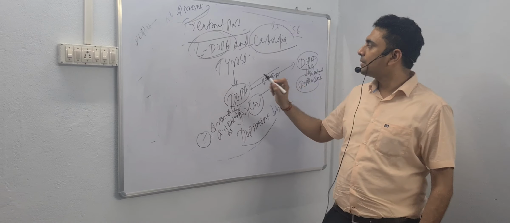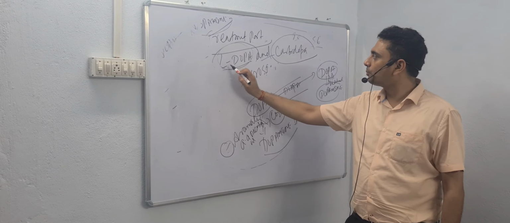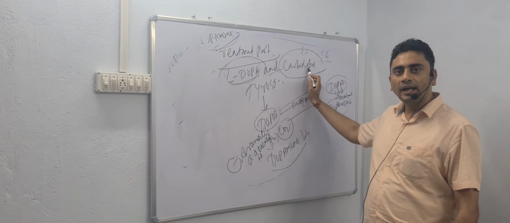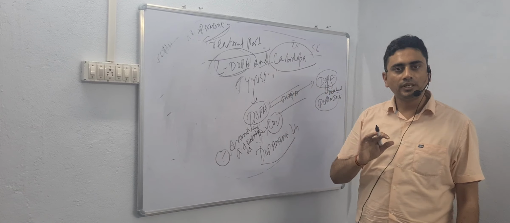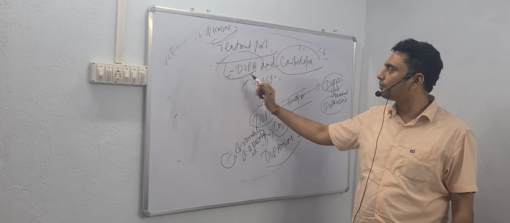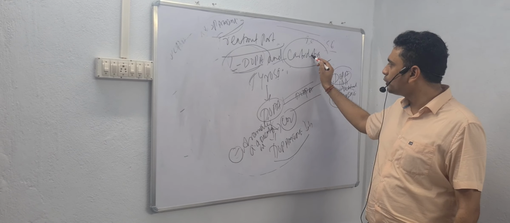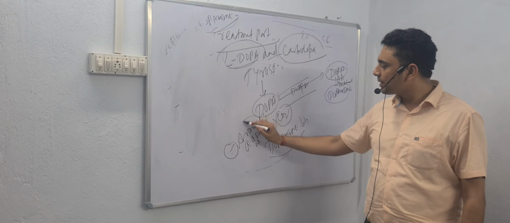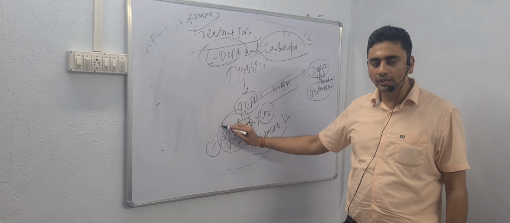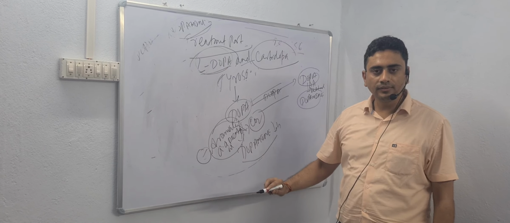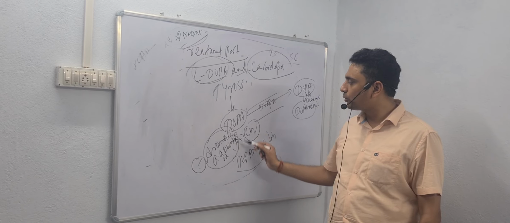So remember, the medication line of treatment is L-dopa along with carbidopa, a combination of levodopa and carbidopa, where carbidopa is an inhibitor of the enzyme aromatic amino acid decarboxylase. Inside the periphery, it will prevent conversion of dopa to dopamine.